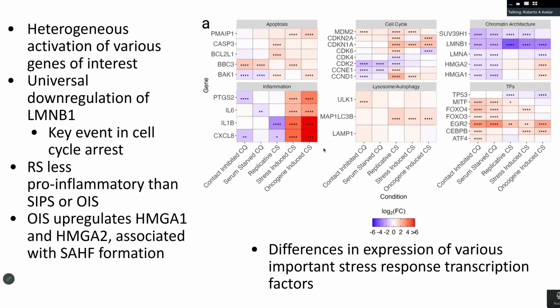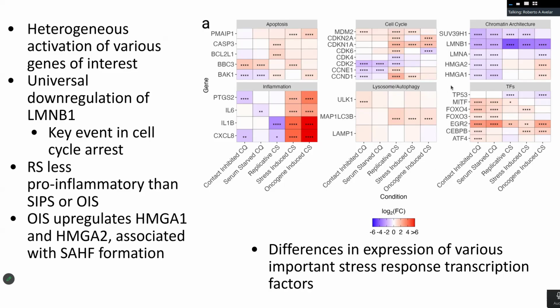And we see various transcription factors which are known to modulate various important processes like P53 and this MITF gene, various FOXO genes. And so this is quite interesting, this idea that these individual senescent states are heterogeneously modulating different stress pathways.